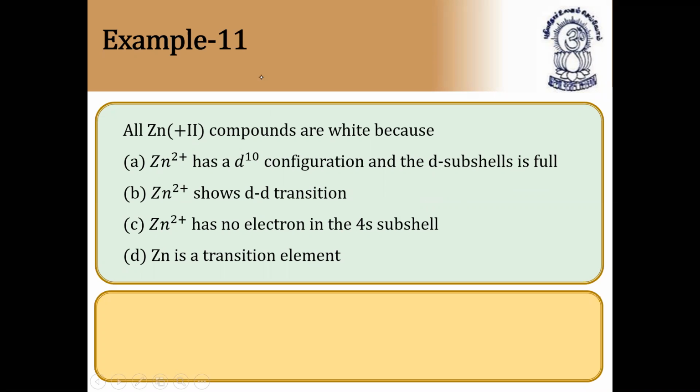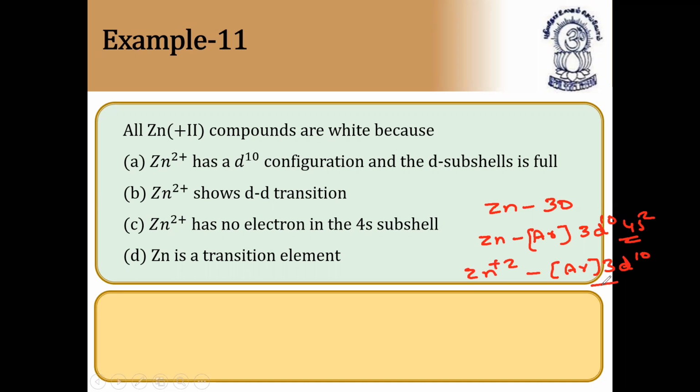If you take Zn plus 2, zinc atomic number is 30, so the zinc configuration is argon 3d10 4s2. For Zn plus 2, it becomes argon 3d10, because 2 electrons from 4s are removed. Now Zn plus 2 has d10 configuration, the d subshell is full.